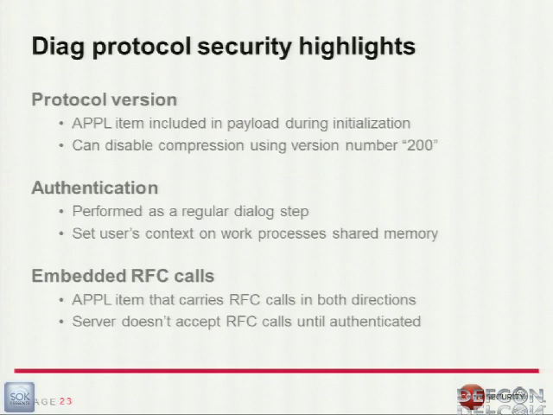One of the things that I found is that if you specify a specific version number during the initialization, all the remaining packets coming from the server will be uncompressed. So this is useful, for example, if you are writing an exploit or some script or some code, and you don't want to use all the compression functions in all your packets.